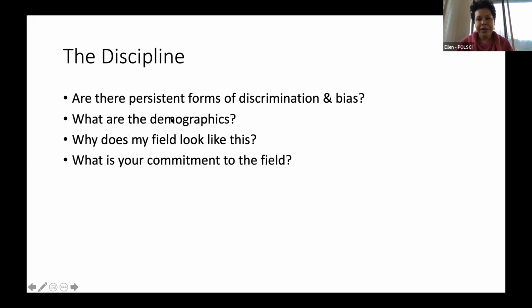Another thing that you also need to take into consideration, besides the institution, is the discipline itself. Do you know if there are persistent forms of discrimination and bias in your field? So be ready to answer those questions, especially if you're getting ready for a job interview and they ask, "Oh, why is it that you use this technique or this assignment in your class?"